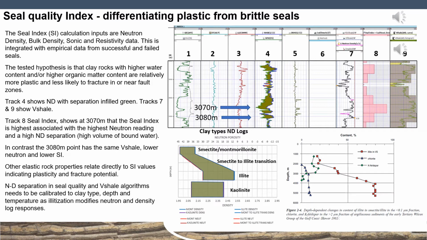What's different is that the 3070 has a much higher neutron than 3080, and it also has a lower density than the 3080. This translates into a higher seal index with a much higher potential for that zone to be more plastic.